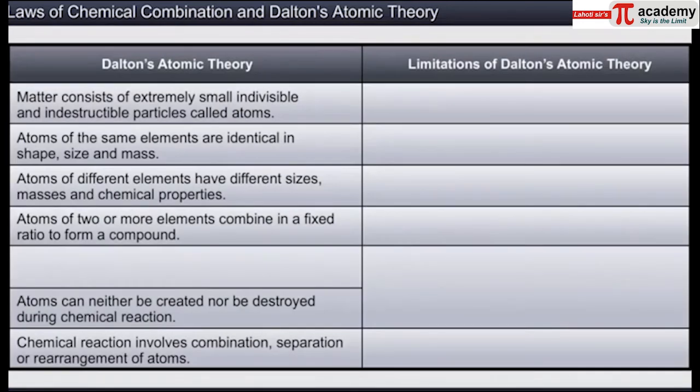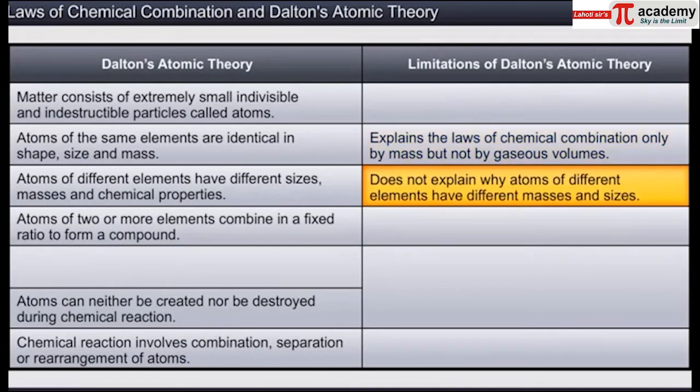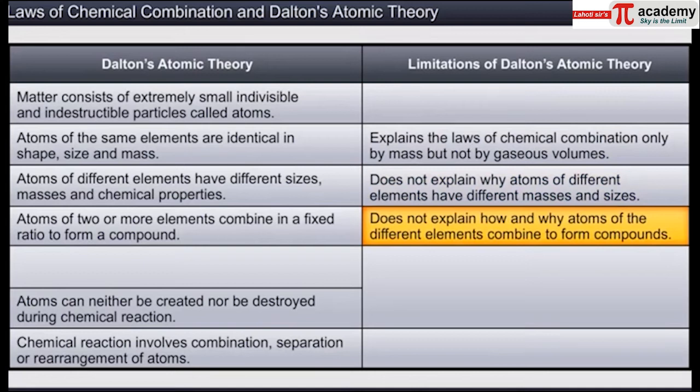The drawbacks of Dalton's atomic theory are: it could explain the laws of chemical combination only by mass, but not by gaseous volumes. It could not explain why atoms of different elements have different masses and sizes. It could not explain how and why atoms of the different elements combine to form compounds.